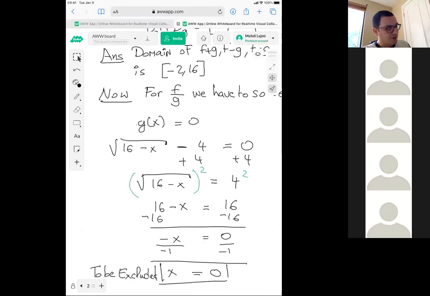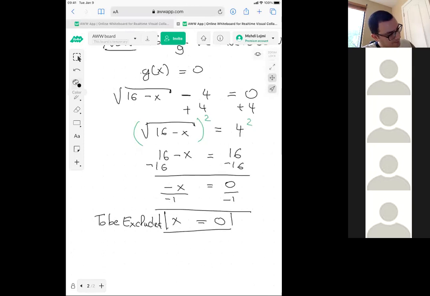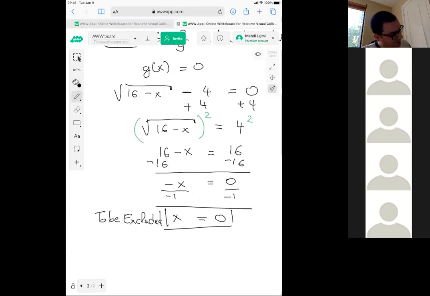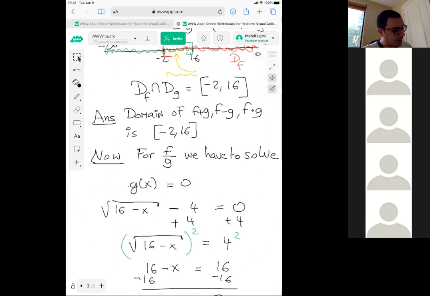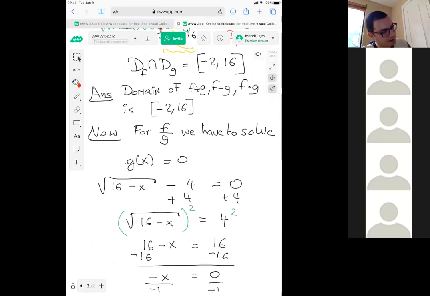So then the answer: the domain of f over G is, you take the common domain, which is negative 2, 16.